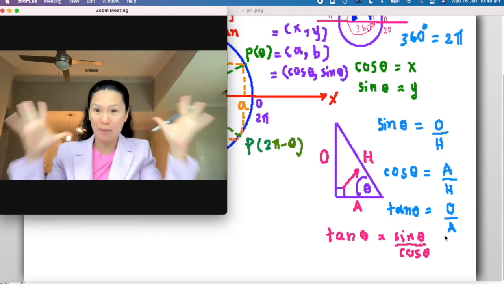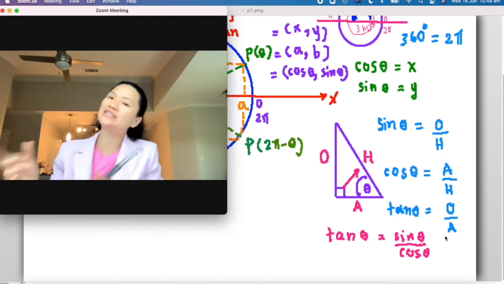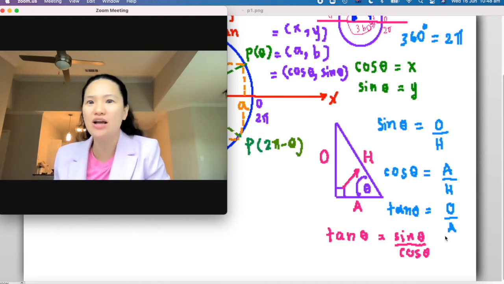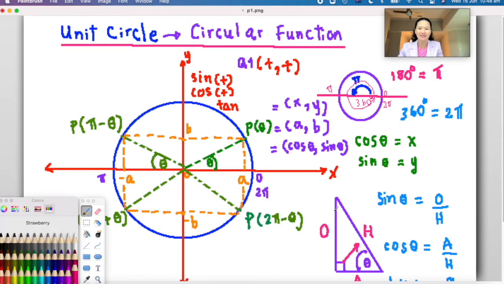We are going to apply all of these to our unit circle, which links to the circular functions as well. Come back here, guys. I know that tan theta equals sine over cos, so it is positive divided by positive. That means our tan theta needs to be positive. Does that make sense? I just try to teach you briefly, to give you the technique.